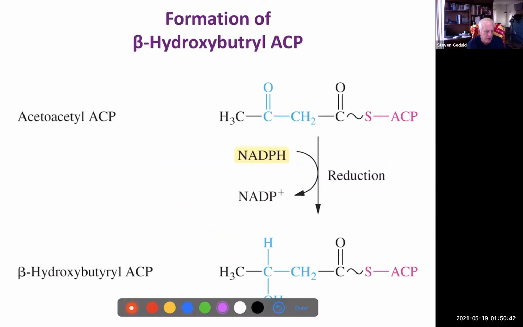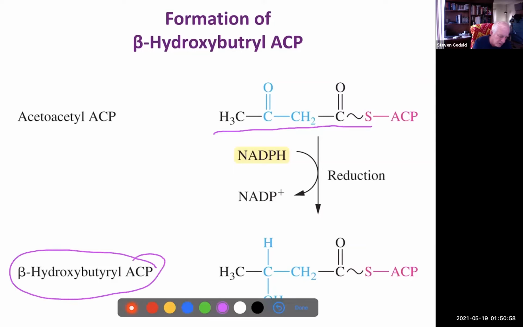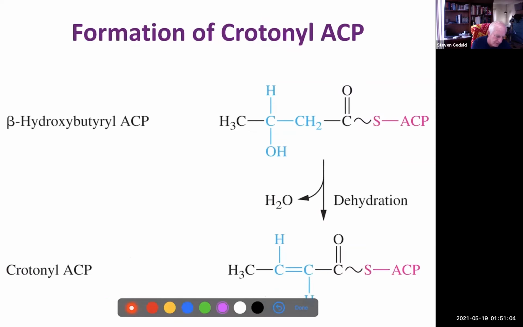Okay. Beta hydroxybutyryl ACP. So again, we're going to start with acetoacetyl ACP. That's our 4 carbons. With a reduction using NADPH and NADP+, you're going to form beta hydroxybutyryl ACP. Formation of crotonyl ACP.